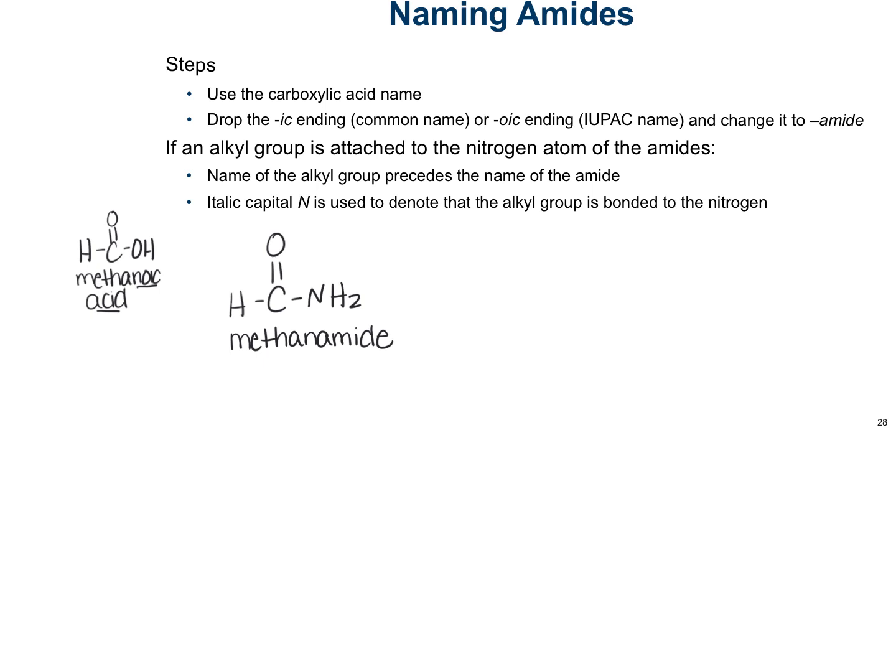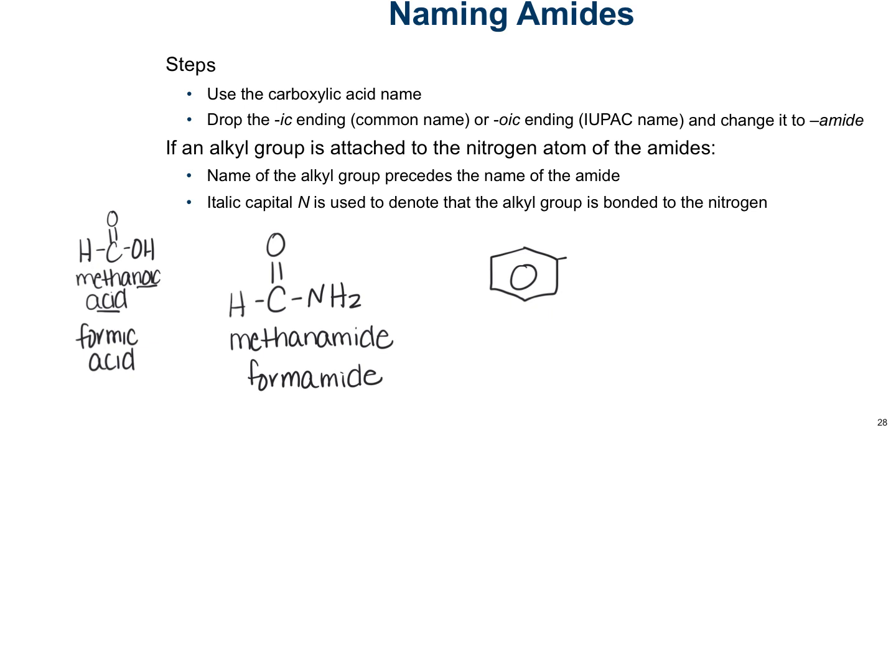We do the same thing with the common names. So the common name for this is formic acid. And so we would call this formamide, right? Now let's look at benzoic acid.